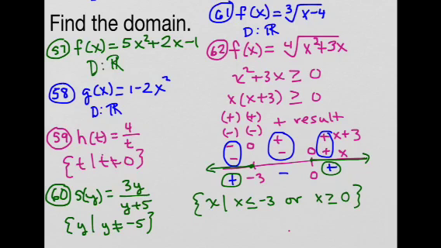In interval notation, you would write from -infinity to -3, bracket, parentheses on the negative infinity, union with 0 to positive infinity, bracket on the 0, parentheses on the infinity. So that's an interval notation that's saying the same exact thing.